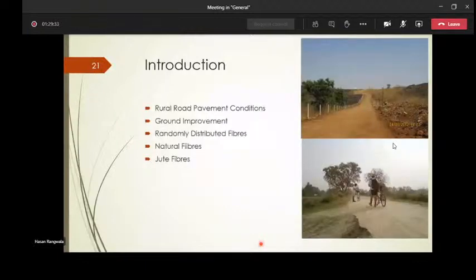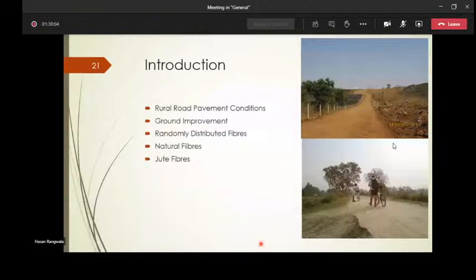Okay. Introducing the basic aspect of this study: we are using natural fiber. Why are we using natural fiber? The reasons have been discussed, and the focus could have been two. One is that in rural areas, road pavements are made up of soil itself.